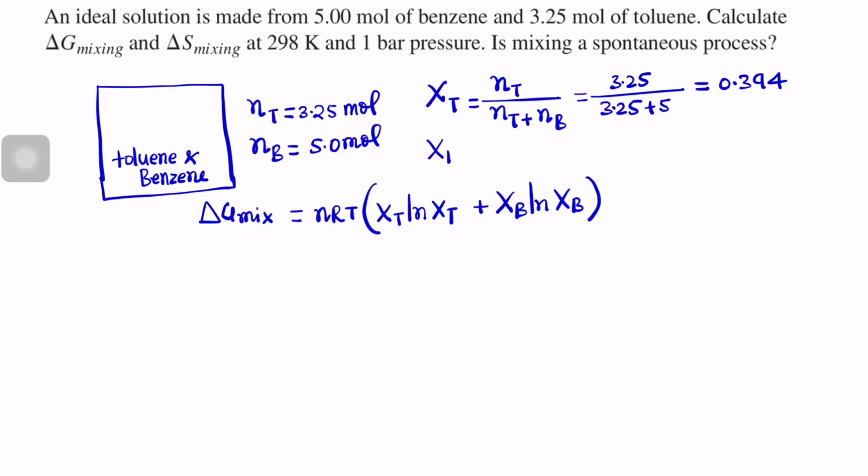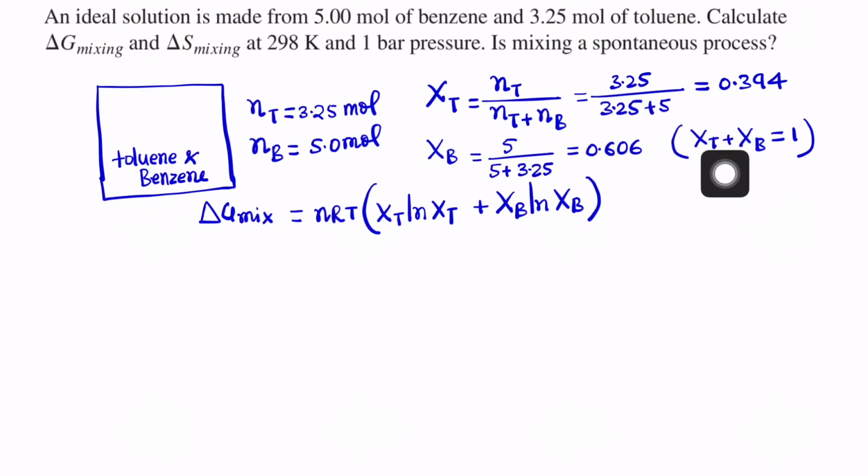Similarly, mole fraction of benzene is moles of benzene divided by moles of benzene plus moles of toluene, which is 0.606. You can also find the mole fraction of benzene by subtracting the mole fraction of toluene from 1, because xt plus xb must be equal to 1 for a binary solution.